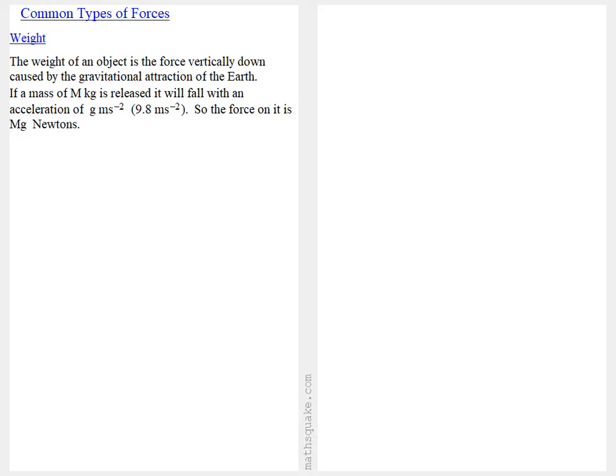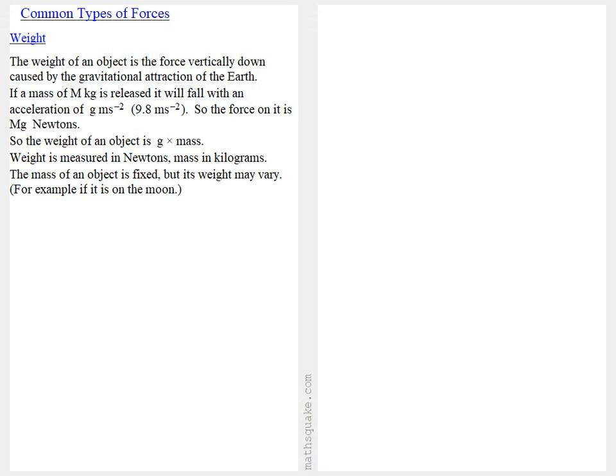So the force on it is mg newtons. So the weight of an object is g times its mass. Now weight is measured in newtons, mass is measured in kilograms. The mass of an object is fixed, but its weight may vary. For example, the weight of an object on the moon will be a lot less than its weight on Earth.